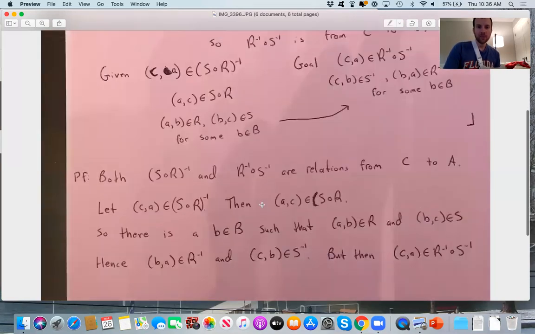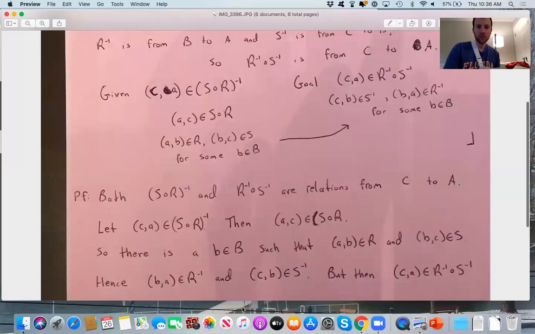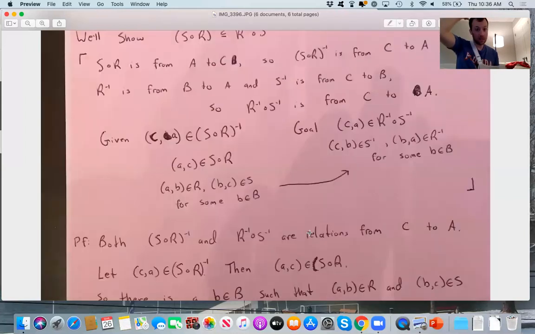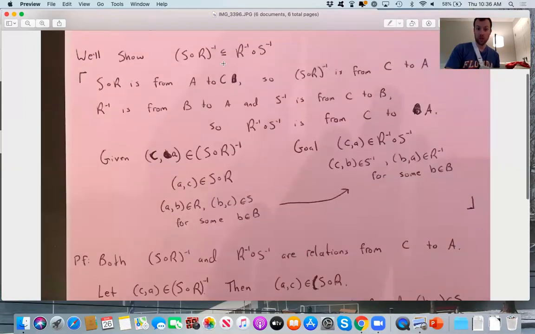Okay. So we have the eventual proof here, but let's focus on the scratch work. What does it mean if we're trying to show this subset relationship?